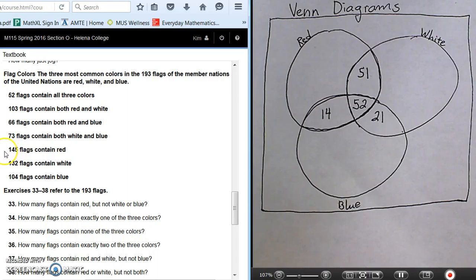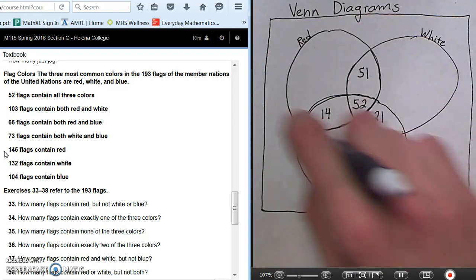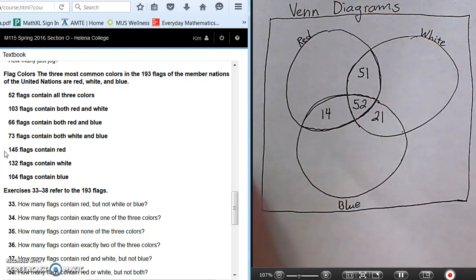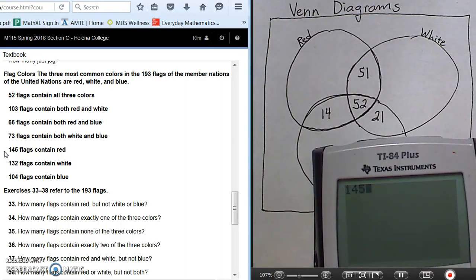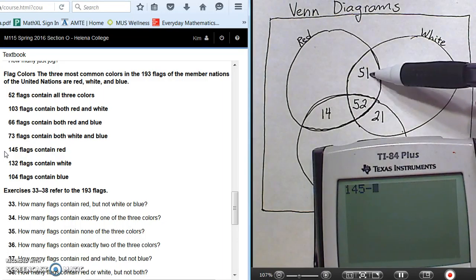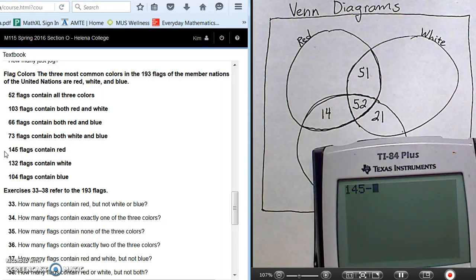Next piece of information. 145 flags contain red. That means in the red circle, there needs to be a total of 145. I already have 14, 52, and 51. I need to take those numbers away from 145.